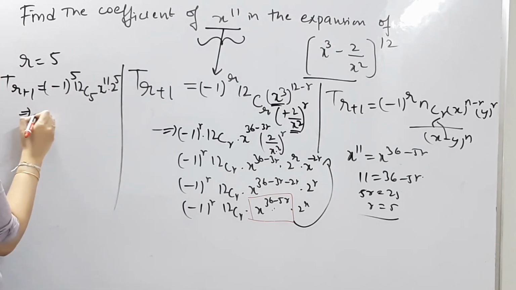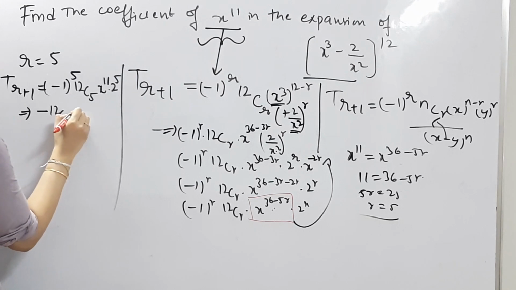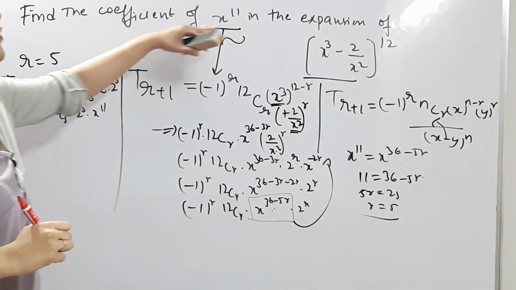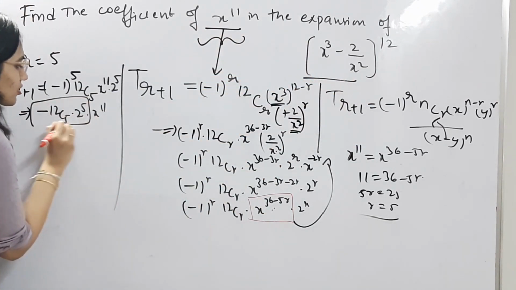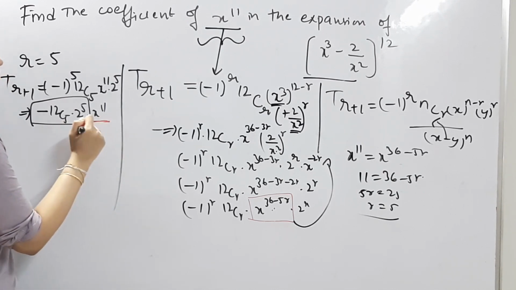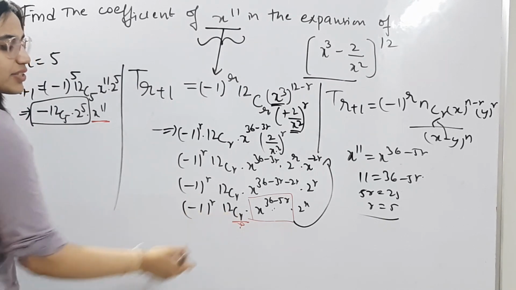Yes, so that means minus 1 whole to the power of 5 is minus 12C5 into 2 to the power of 5 into x to the power of 11. So the coefficient of x power of 11 in the expansion of this is not this, because it's the coefficient, this is the variable, right? So x power of 11 we got it here directly, and we have just substituted r as 5 in this.